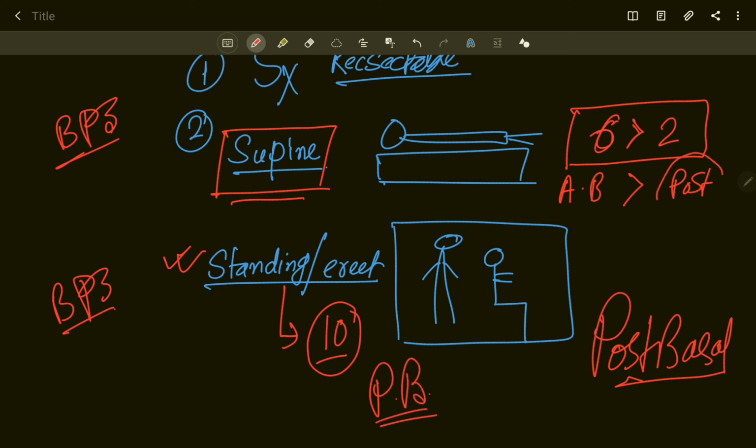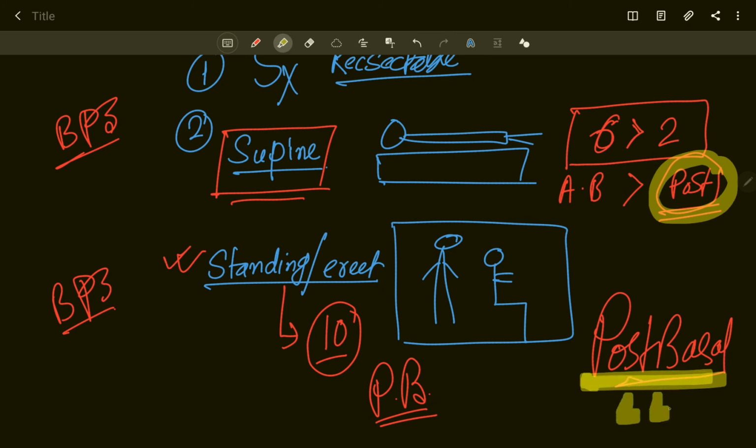Here posterior is the bronchopulmonary segment of the upper lobe, and posterior basal is the bronchopulmonary segment of the lower lobe of the right lung. So they are the most dependent.